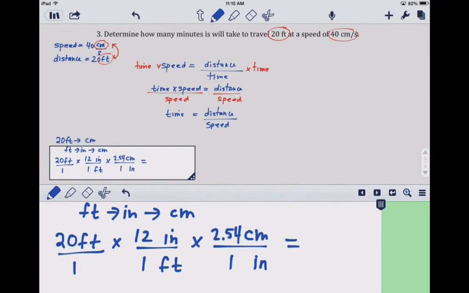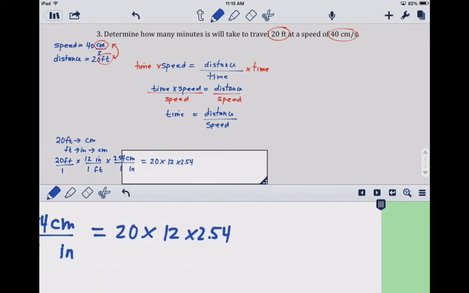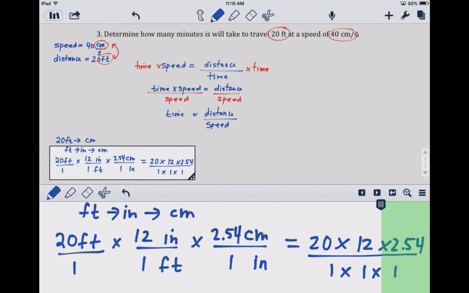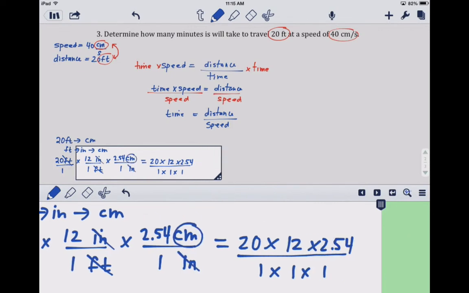Again, all of these conversion factors can be found in the first worksheet we gave you. What this does is give me 20 times 12 times 2.54 all over 1 times 1 times 1. If I go back, I can cancel out just to double check that I got everything. Centimeters is my remaining unit, which is what I want.